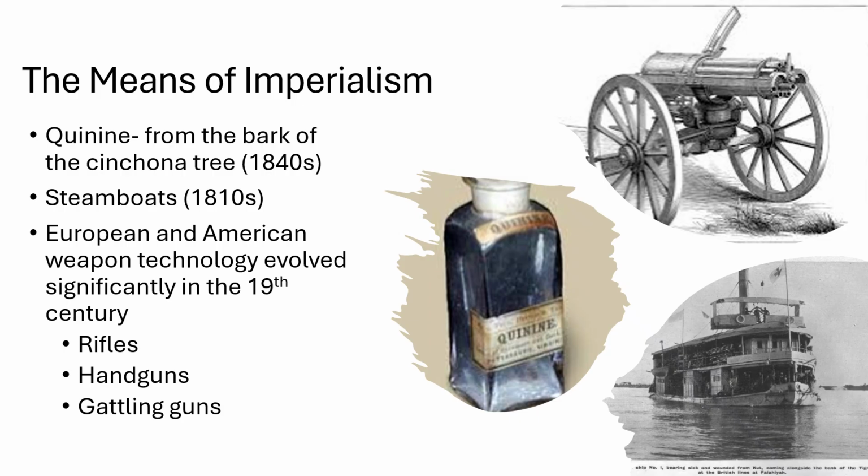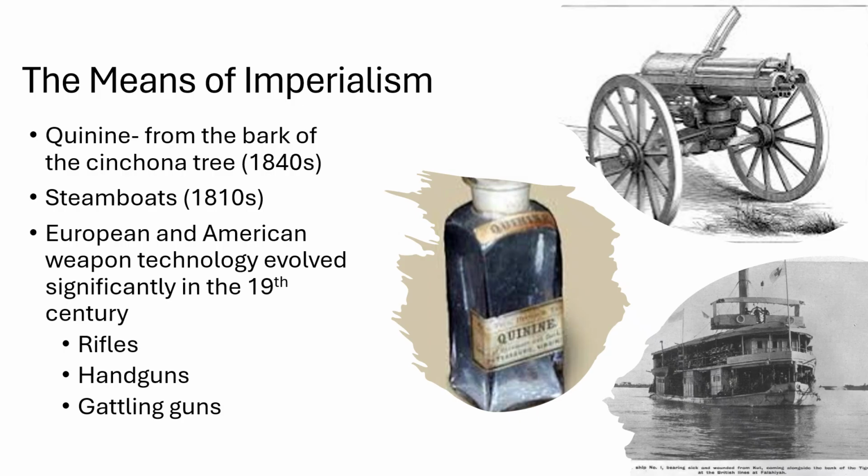So the very first thing that comes about in the 1840s is quinine. And quinine was essentially a medicine that allowed for people to have a type of immunity, a resistance to malaria. And so many of these places that we are talking about where Europeans and Americans wanted to travel were tropical places where a lot of malaria and mosquitoes existed.